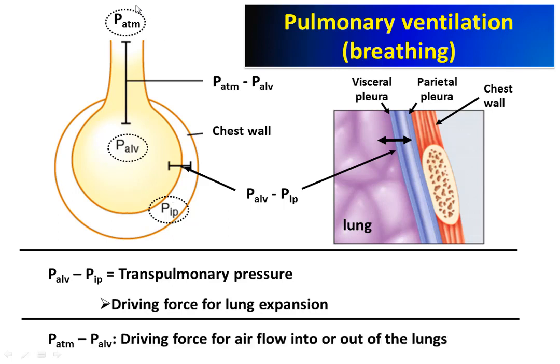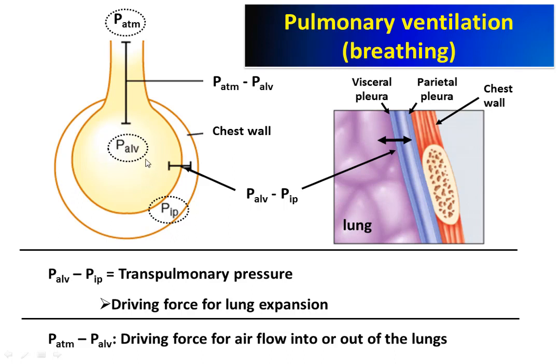Now, the difference in pressure between the atmospheric pressure and the alveolar pressure is the driving force for the flow of air into and out of the lungs. When the alveolar pressure is less than the atmospheric pressure, air gets in.